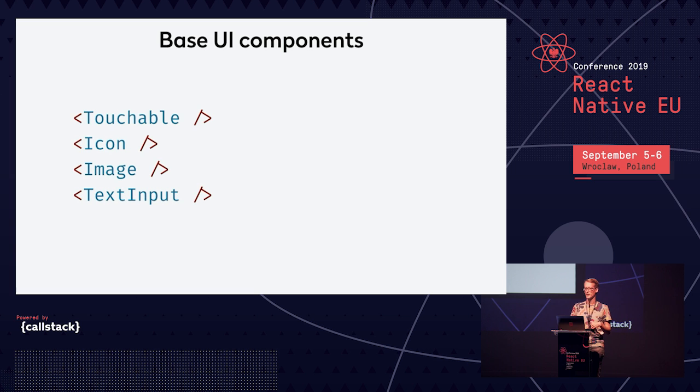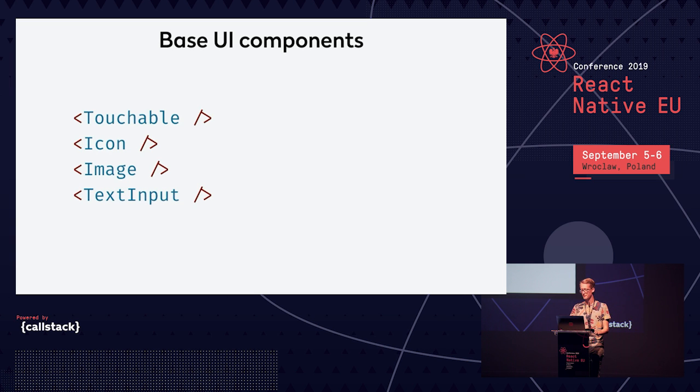This is almost exhaustive for our app. But those are things like text input, image, icon for vector icons, and touchable, which on native, you have like 3 different options for styling. And on the web, it might be a button, it might be an anchor, or a div on press. So you just need to abstract that away so that you don't have to deal with those differences in kind of application code.